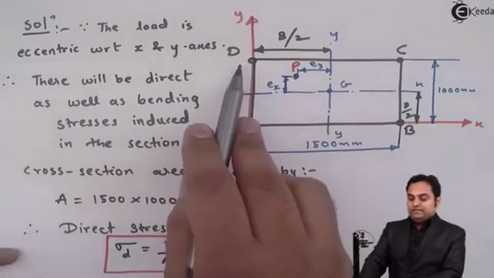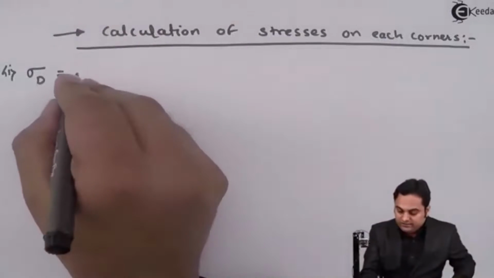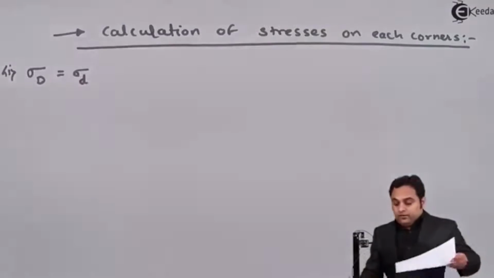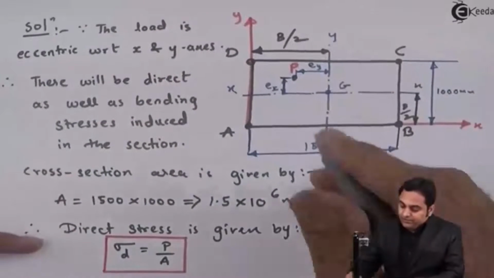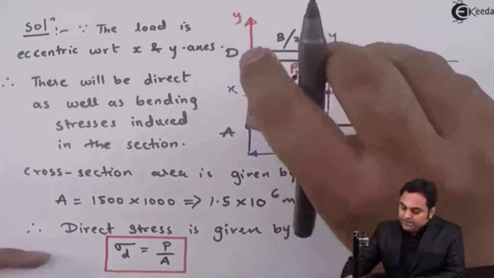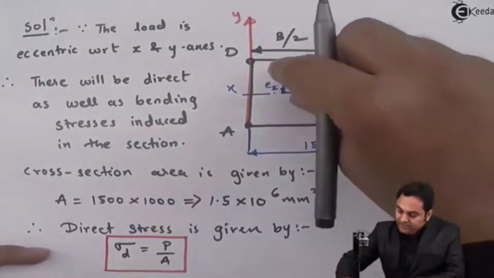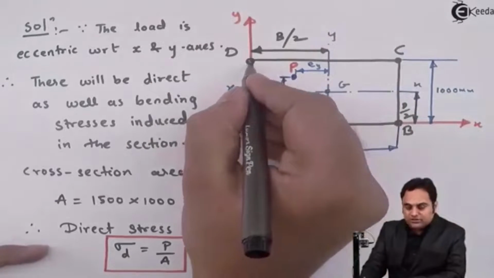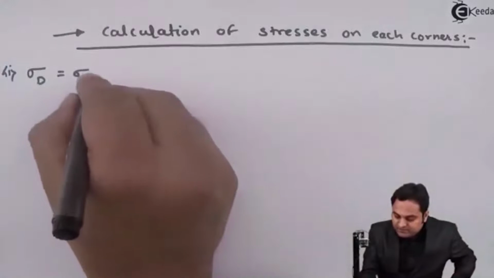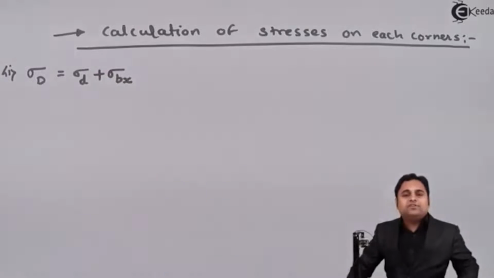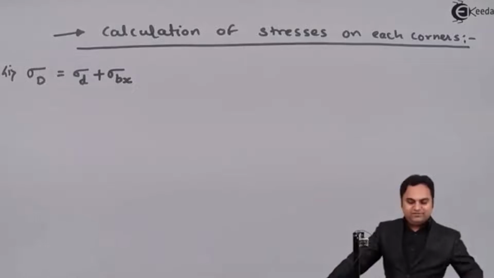So when I am starting sigma D, first I'll write down direct stress. Now if I consider eccentricity with respect to x, because of the load there will be bending about x, and because of that D will be pressed, so there is compression of D, and here I have plus sigma bx, because in this chapter we take compressive stress as positive.